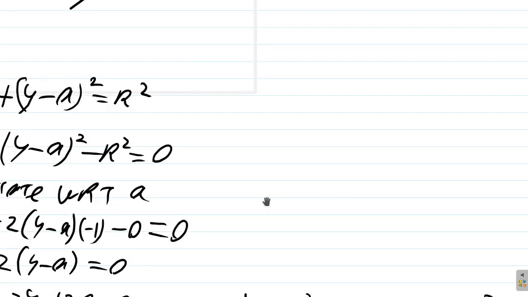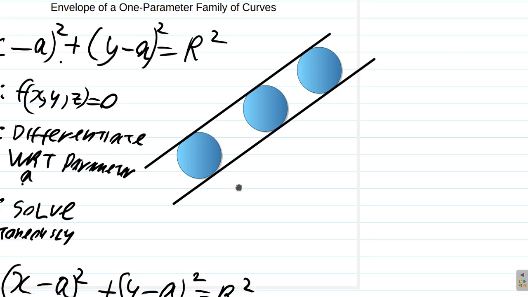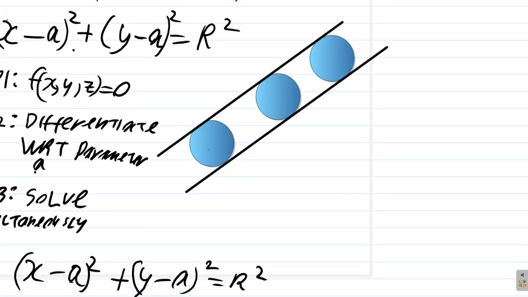So y is equal to x plus r and x minus r. So if you have the circles, have the radius here, so y is x plus r and x minus the radius r in this case. Alright?